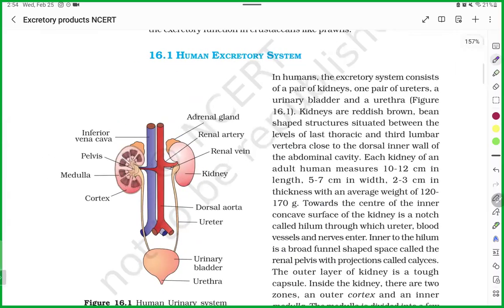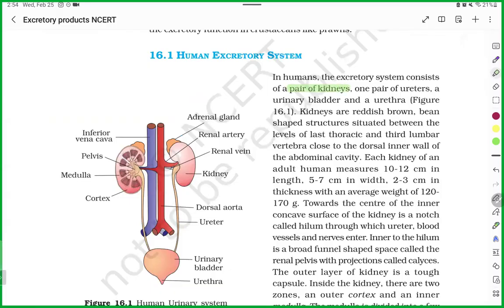The human excretory system has two kidneys, two ureters, one urinary bladder, and one urethra. Color of the kidney is reddish brown. Shape of the kidney is bean shape. Position of the kidney: last thoracic and third lumbar. Last thoracic means 12th thoracic and third lumbar.